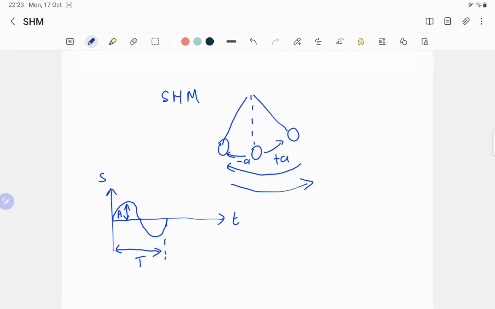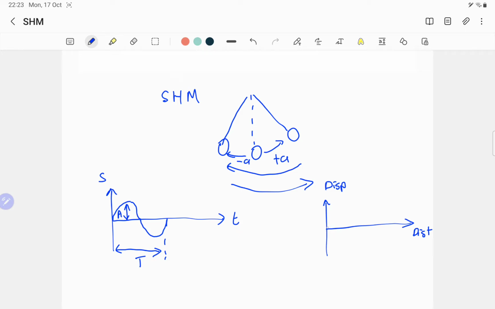Another graph is displacement versus distance. Since displacement is a vector quantity, distance will be a scalar quantity, so distance will always add up.